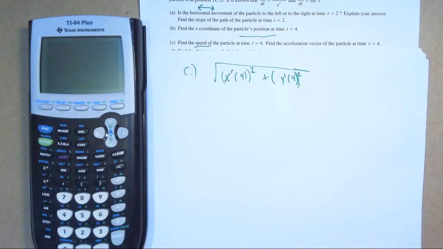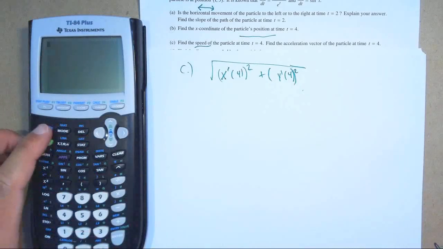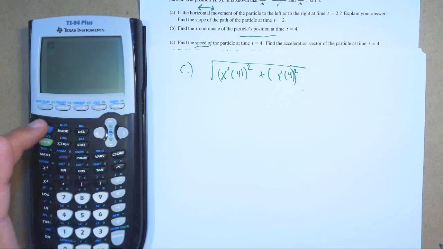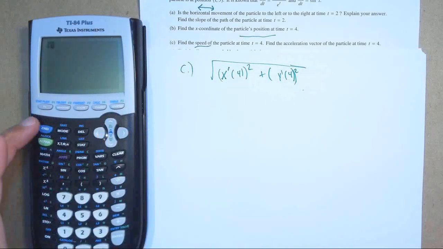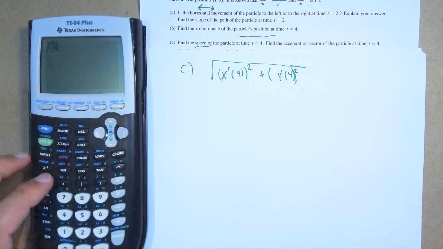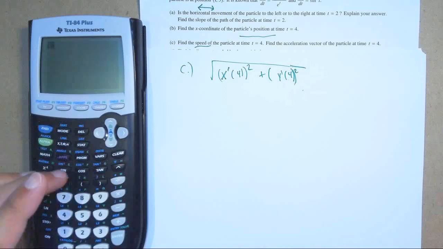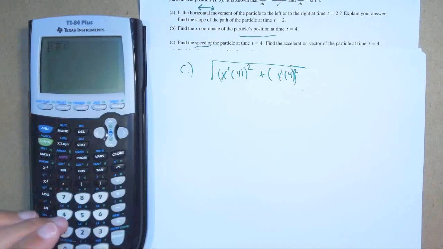So what you're going to do is just go ahead and grab your calculator once again and type everything how you see it. X prime is, once again, you have to create the fraction, but also note that you're plugging in 4. So it's going to be parentheses, square root of, actually let's type the fraction in, alpha y 1.